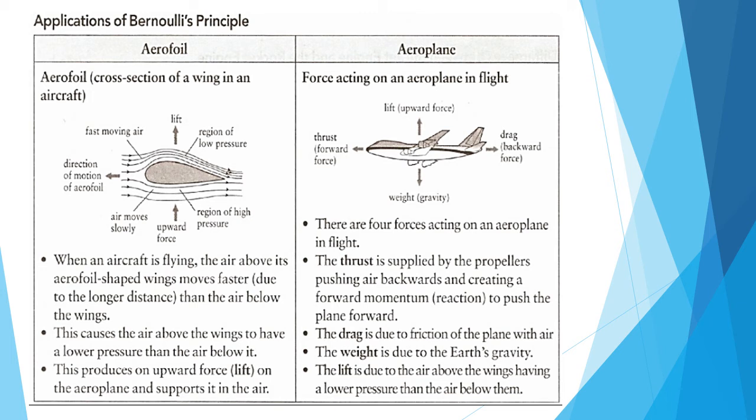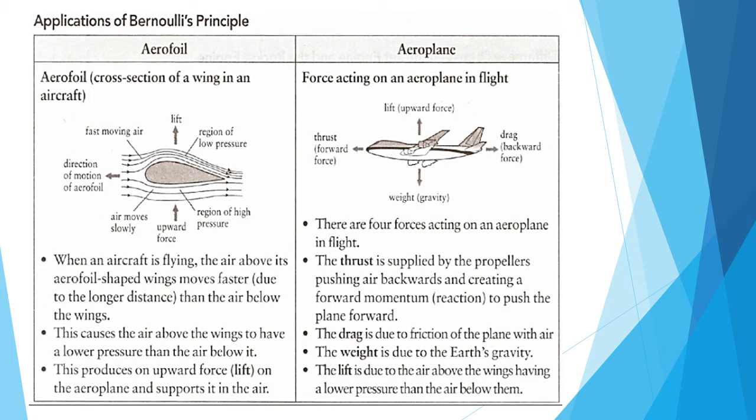Okay, look at the body of the aeroplane, the forces acting on the aeroplane in flight. There are four forces acting on an aeroplane in flight. The thrust is applied by the propeller pushing air backward, creating a forward momentum reaction that pushes the plane forward.